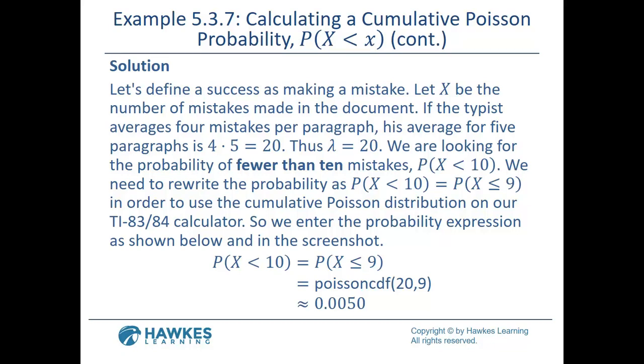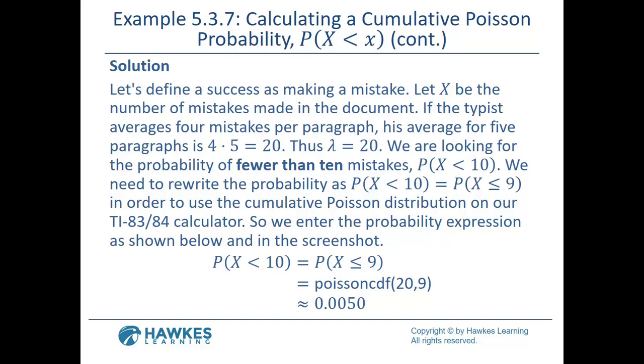We are looking for the probability that's fewer than 10 mistakes, which is less than 10. But again, we need to rewrite it. And guys, do remember that if it's less than 10, the first number that's less than 10, because we're discrete here, is 9. So we're really looking for the probability that our number of mistakes is less than or equal to 9. And now we can use our calculator.